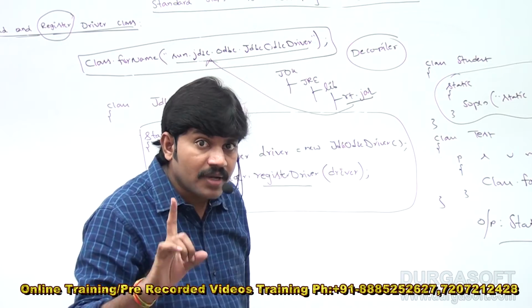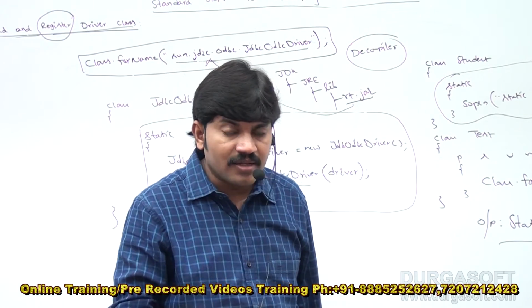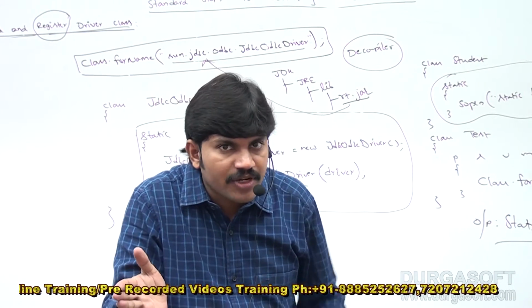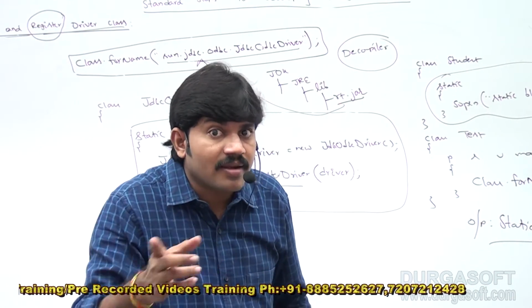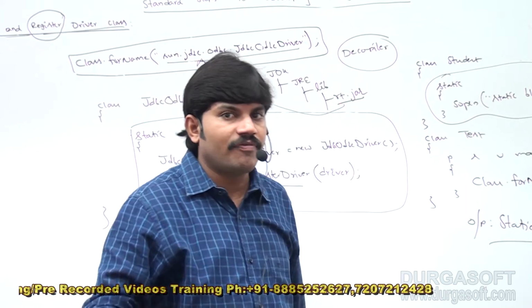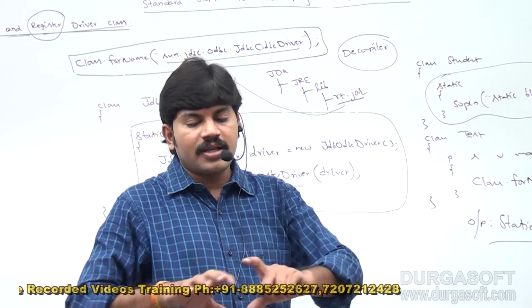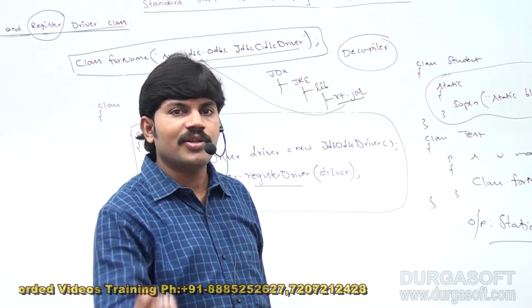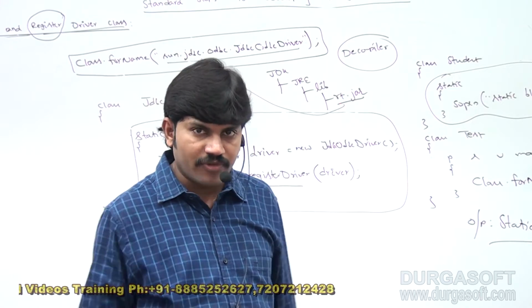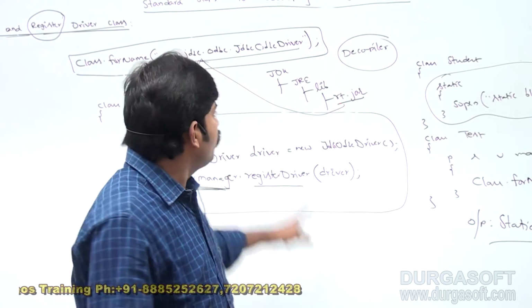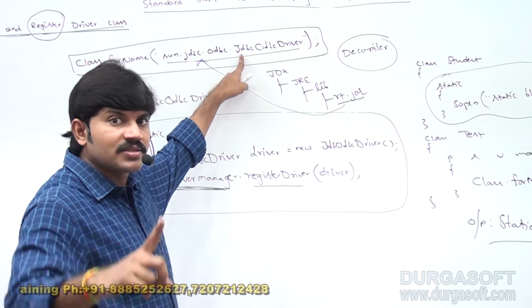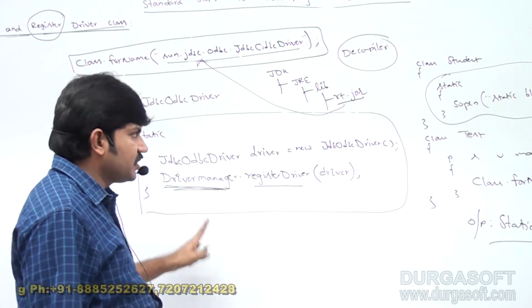In my system I have already installed a decompiler. A compiler converts .java to .class; a decompiler converts a .class file to a .java file. Just search Google for a Java decompiler and you can get multiple software like this. Install one, and you can open this .class file as .java and see this static block.